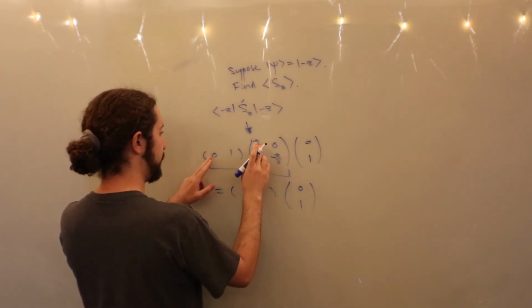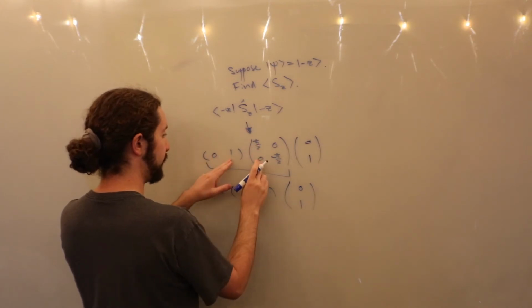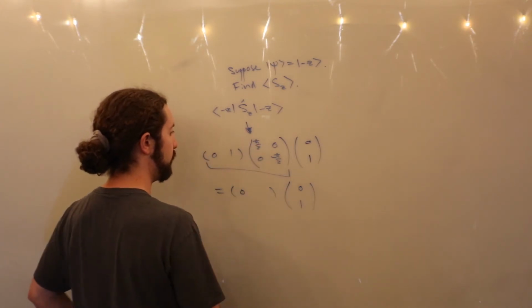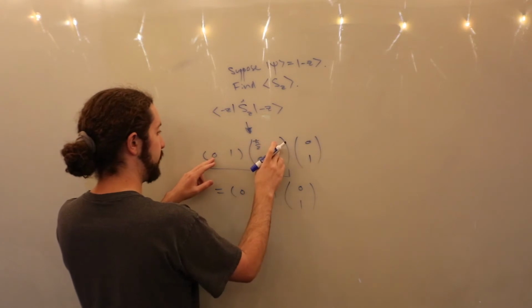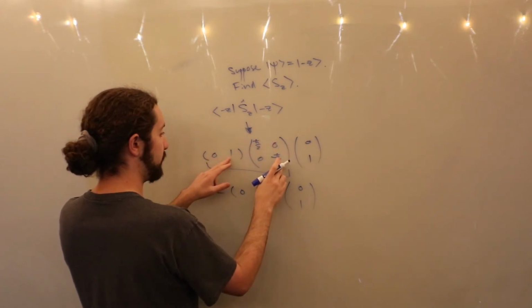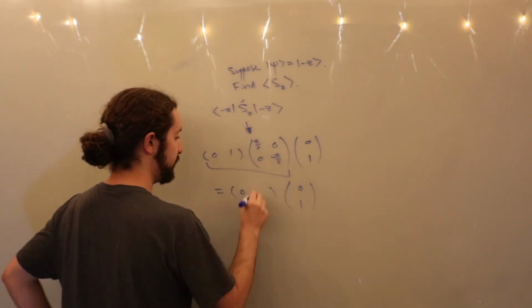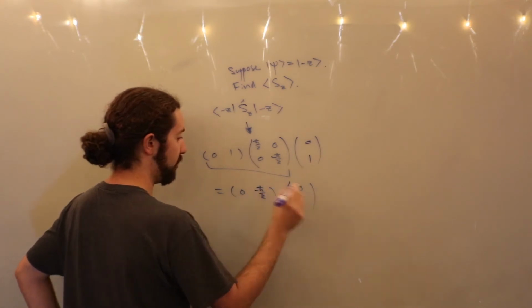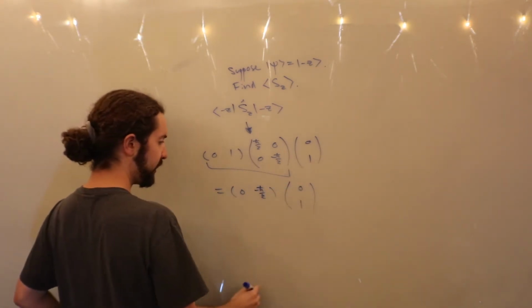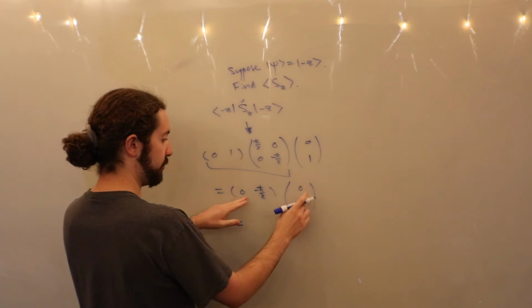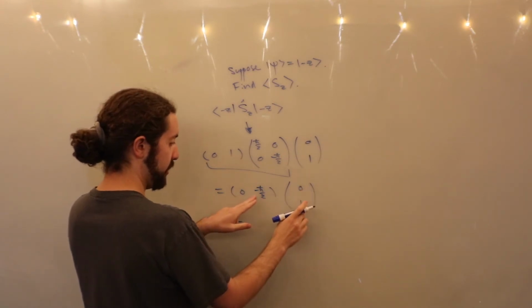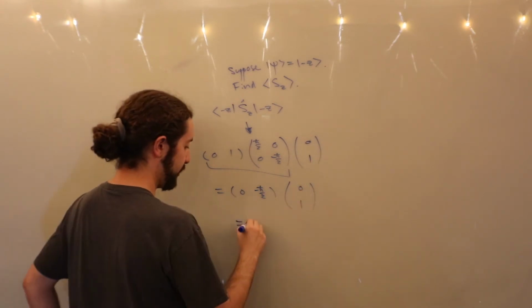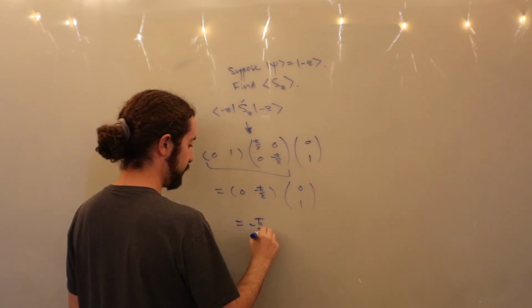So this is going to be 0 times ħ/2 plus 0 times 1, which is just 0. And 0 times 0 plus 1 times negative ħ/2 is going to be negative ħ/2. And now we can multiply these two matrices together. 0 plus negative ħ/2 is just going to be negative ħ/2.